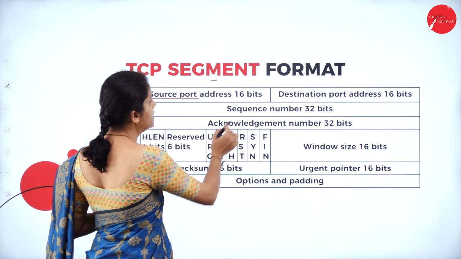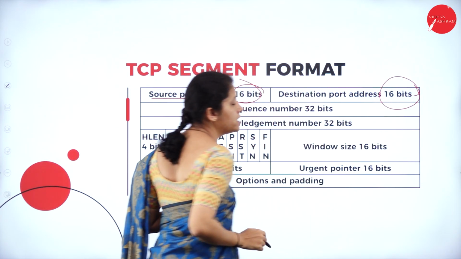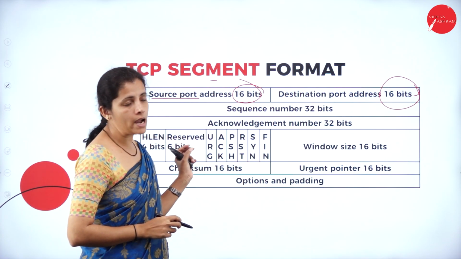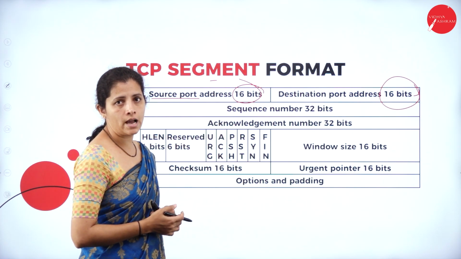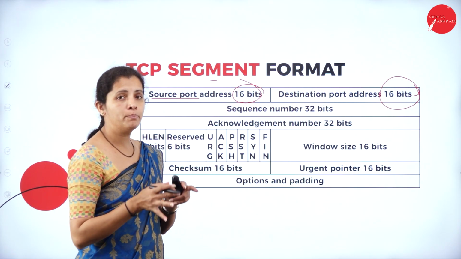And what is the size? It is 16 bits and it is 16 bits. Now, if I consider the sender side as well as the receiver side, I'm going to have the machine or computer.